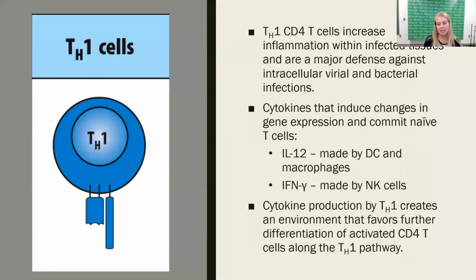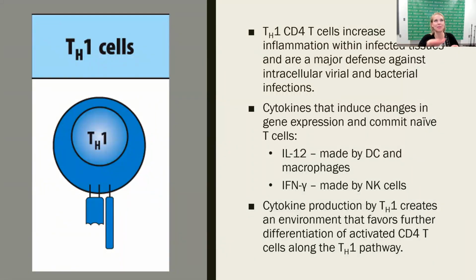Interferon gamma is also going to be produced because a T helper 1 cell is going to get an NK cell to produce interferon gamma. Interferon gamma, a really major pro-inflammatory cytokine. So then the cytokine production by the T helper 1 cells is going to create an environment that further differentiates helper T cells into T helper 1.